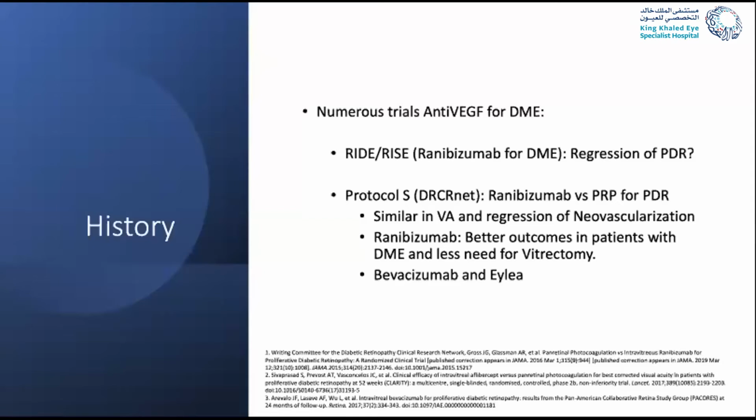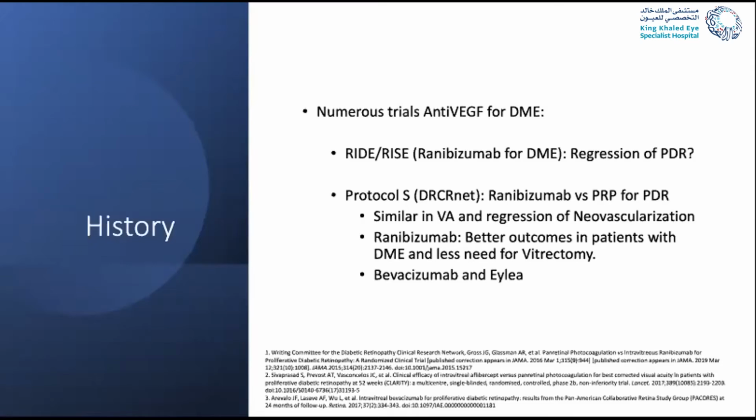This theory was later expanded on in the DRCR.net Protocol S, where they directly compared ranibizumab versus panretinal photocoagulation for PDR regression. They had similar or equivalent outcomes with both treatment modalities, but the ranibizumab group had better visual acuity outcomes in patients who had baseline diabetic macular edema.